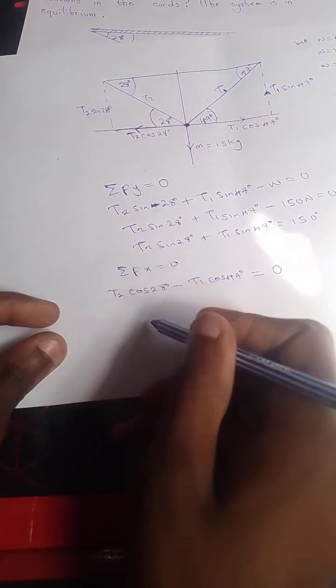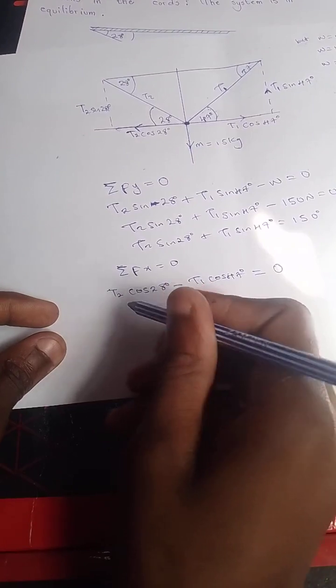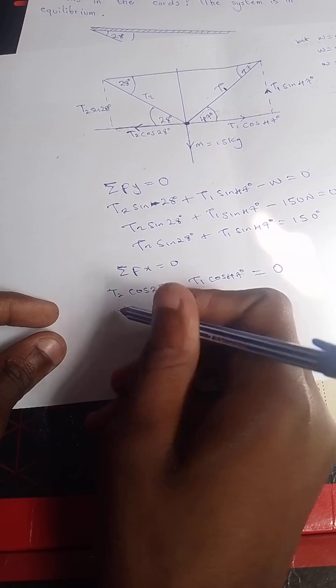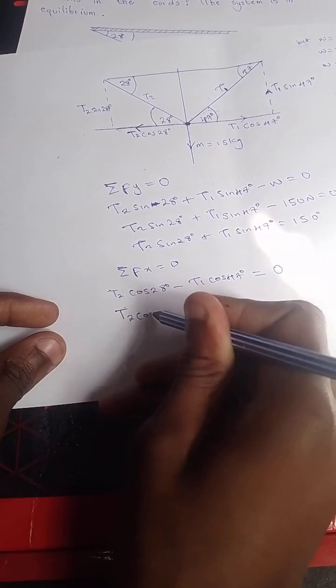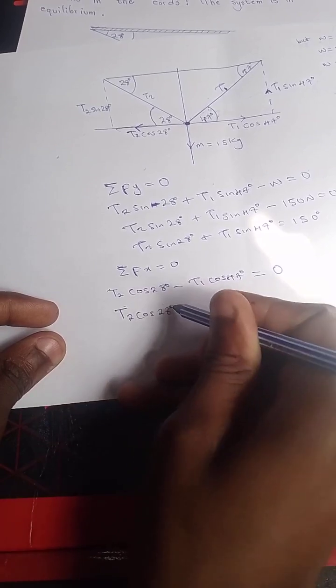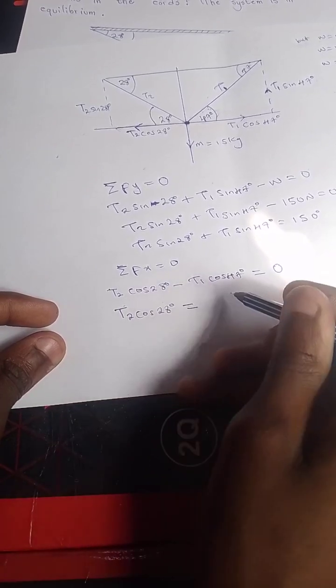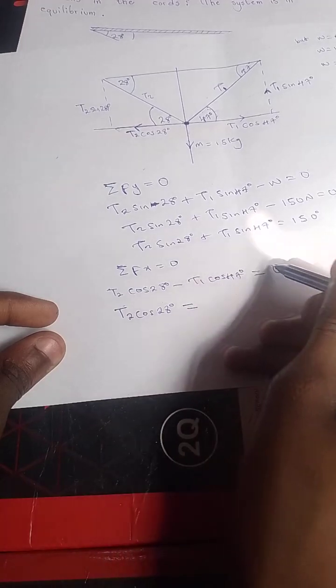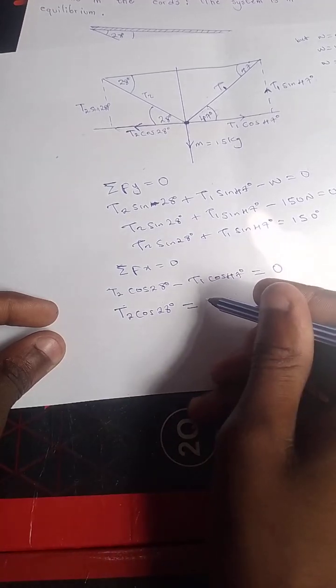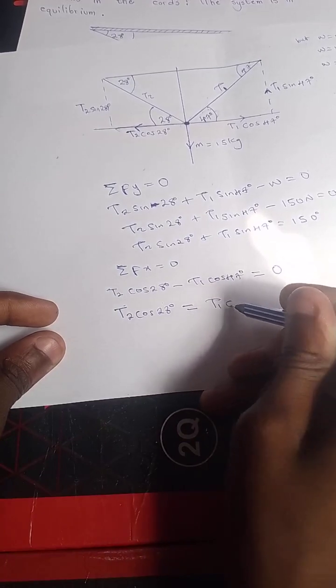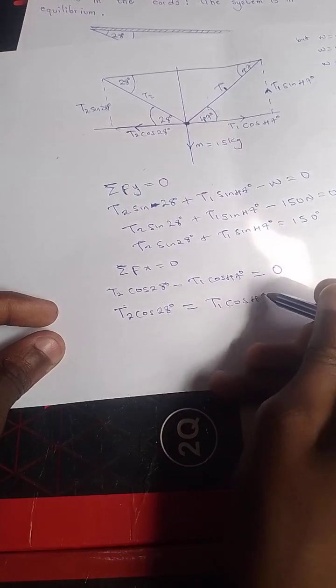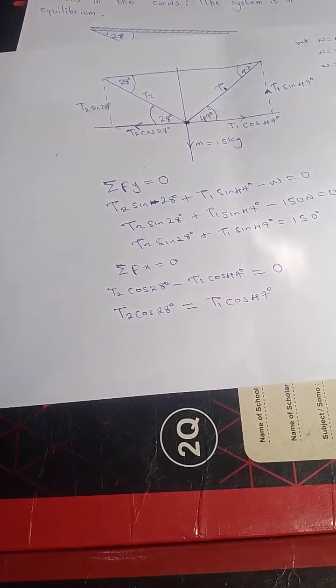This implies that T2 cos of 28 degrees should be equal to T1 cos of 47 degrees. So we have come up with that equation.